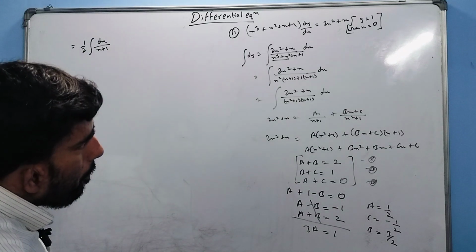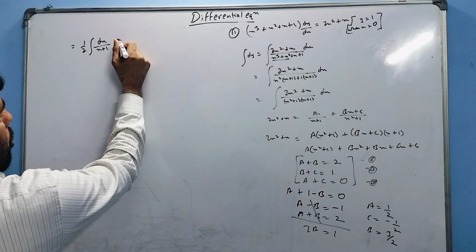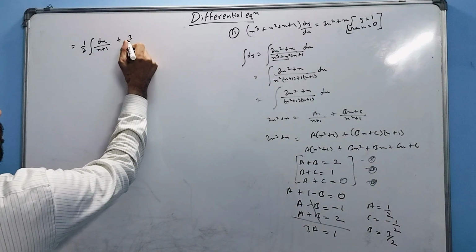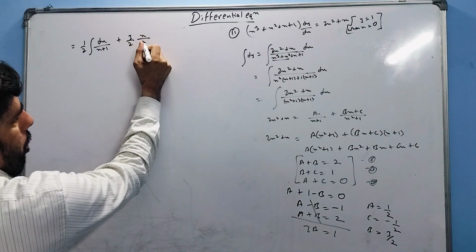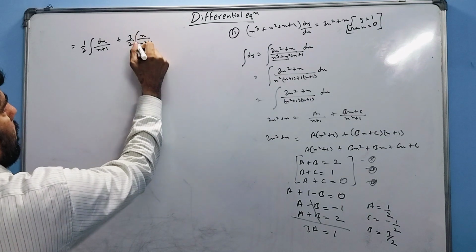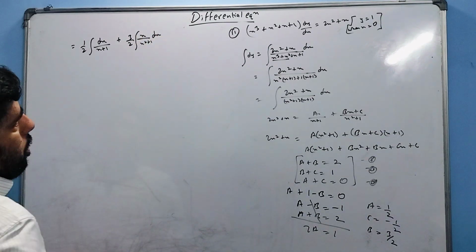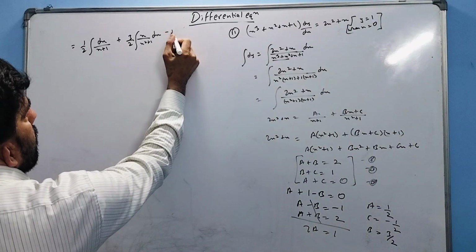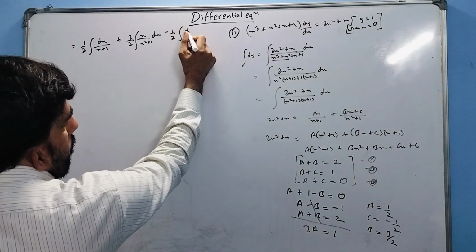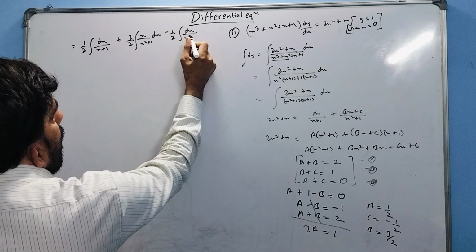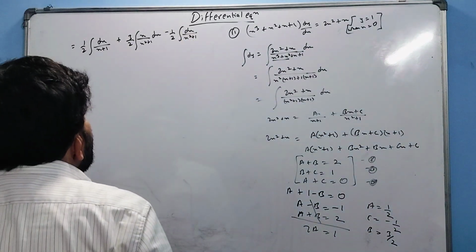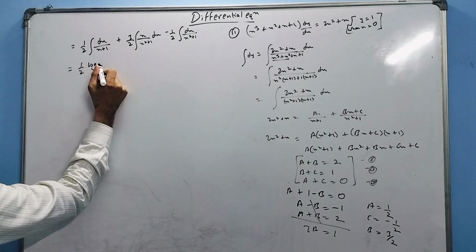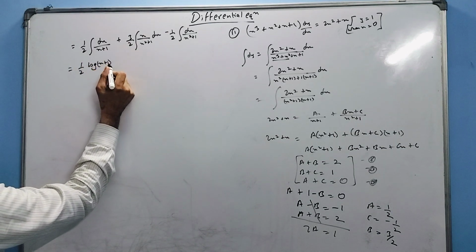B is 3 by 2, so we have 3 by 2 x upon x square plus 1 dx. And plus C, C is minus half, dx upon x square plus 1. So now we know that the first integral is log of x plus 1.